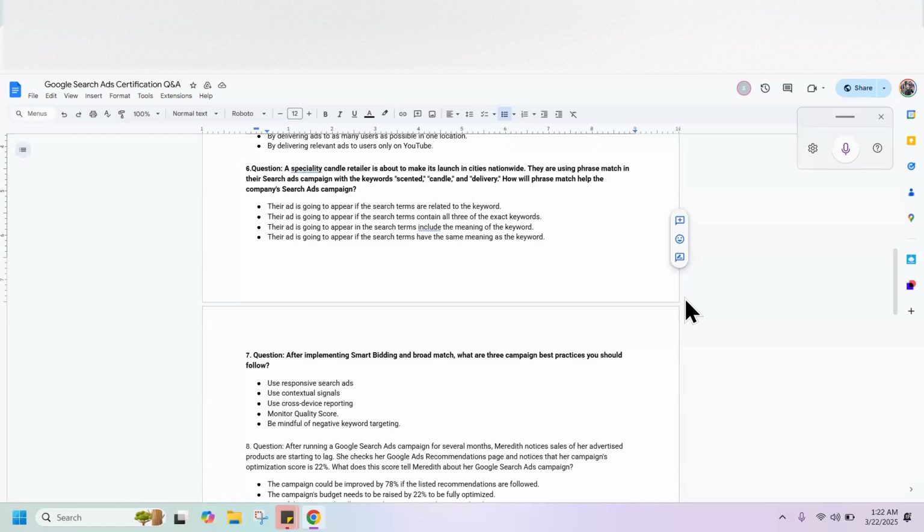The ad is going to appear if the search terms contain all three of the exact keywords. The ad is going to appear in the search terms that include the meaning of the keyword.